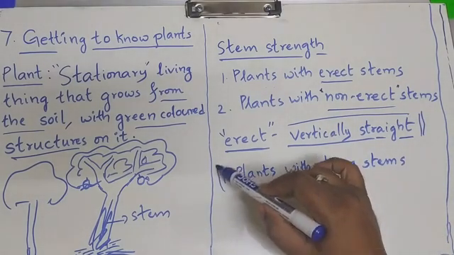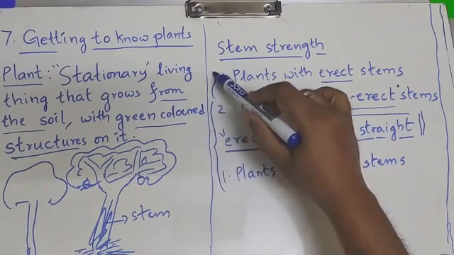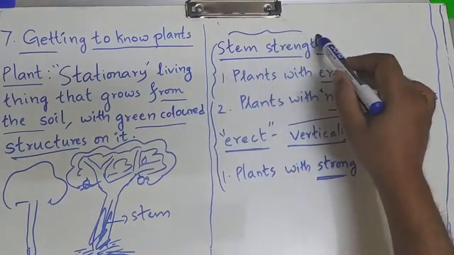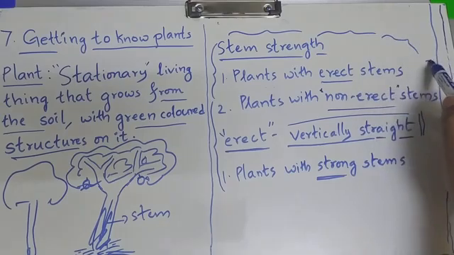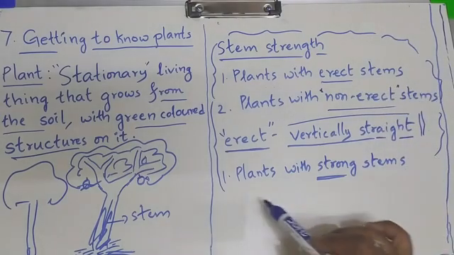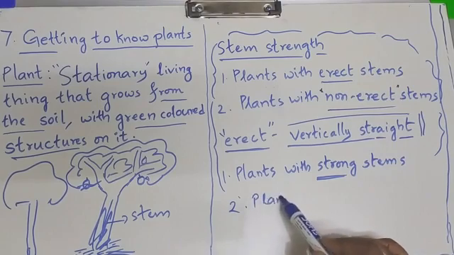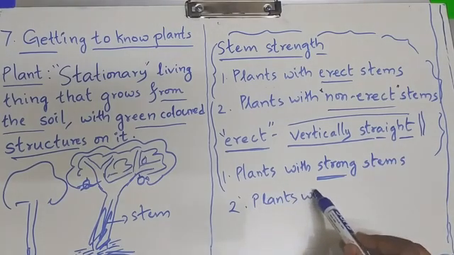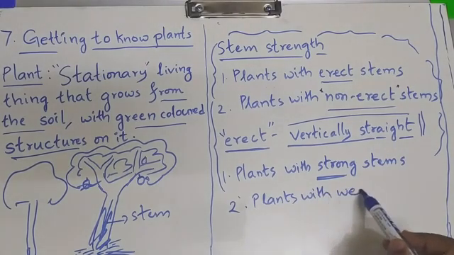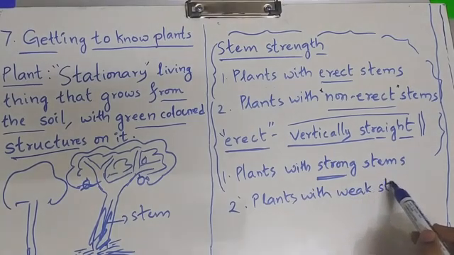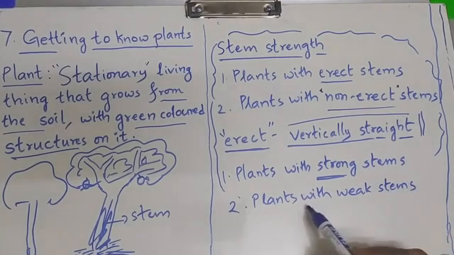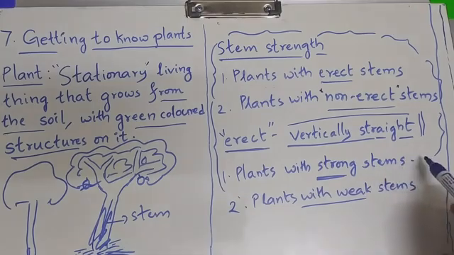This classification you will not get in your textbooks or in any other books. This is purely for your understanding. Plants with weak stems. So plants with strong stems grow erect.